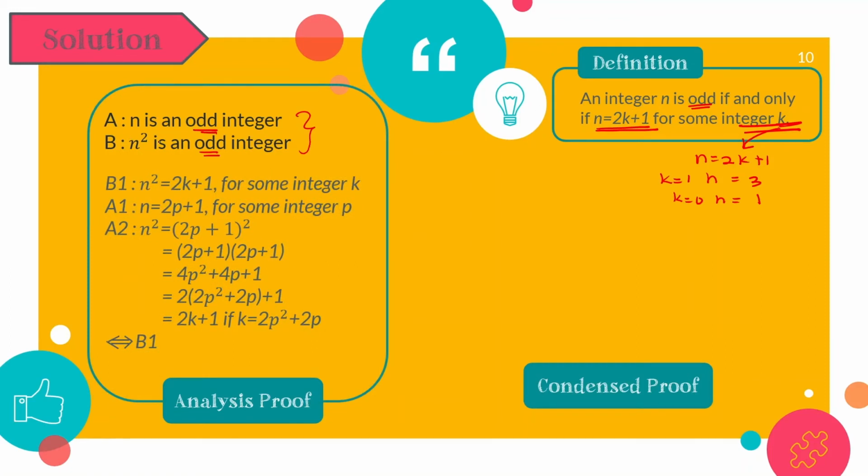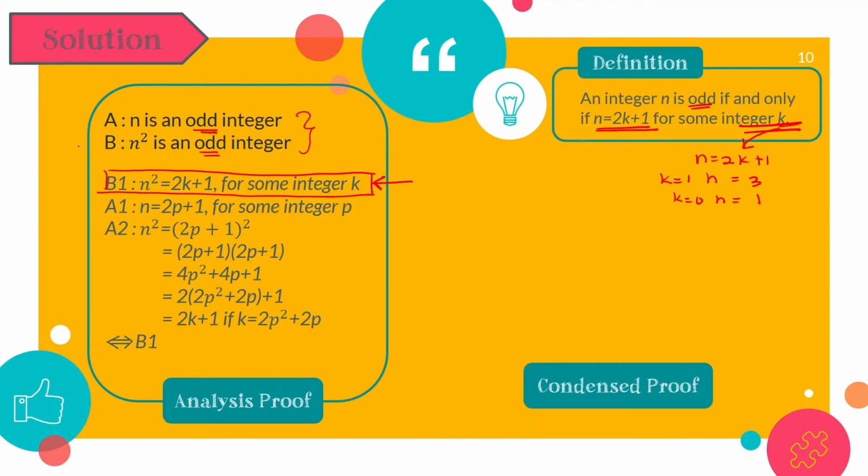From the backward process, n square is an odd integer, and the definition says that an integer n is odd if and only if n is equal to 2k plus 1 for some integer k. So if we say that n square is odd, then n square will equal 2k plus 1 for some integer k. Okay, so we stop here for the backward process. Let's move to the forward process. This is basically the direction of our proof. We need to prove until we get n square is equal to 2k plus 1.